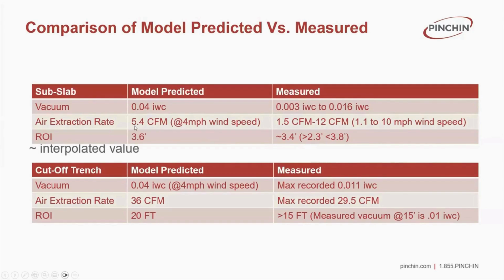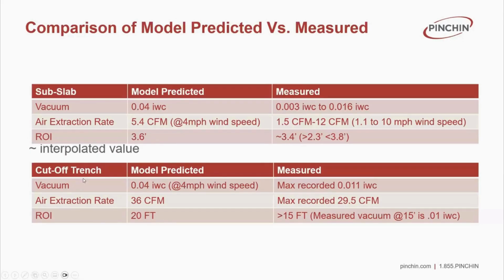For air extraction rate, the model had predicted 5.4, and measured values were anywhere between 1.5 and 12 CFM depending on wind speed. The model prediction was for a 4 mile per hour wind speed, which is pretty good, in the middle of the values. The model predicted an ROI of 3.6, and the actual measured was somewhere near 3.4.